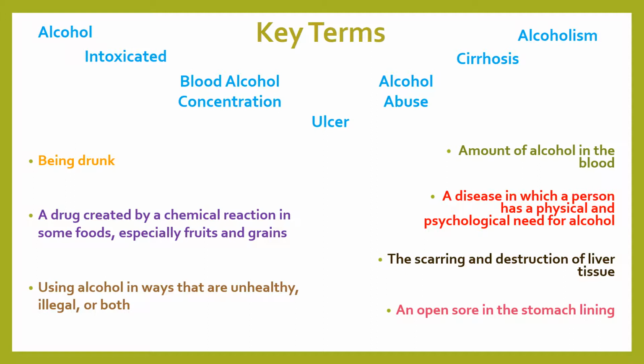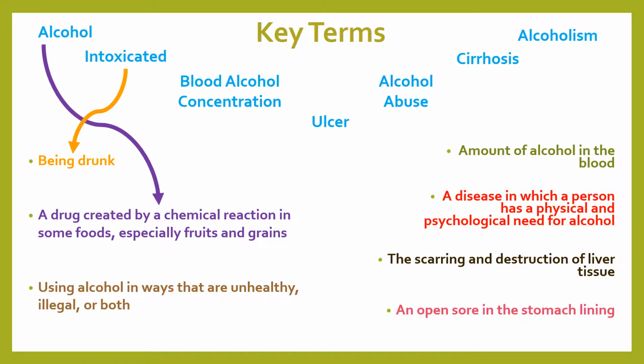So the first definition here is being drunk. Which word does this match? That's right, intoxicated. Our next definition is a drug created by a chemical reaction in some foods, especially fruits and grains. This goes with alcohol.